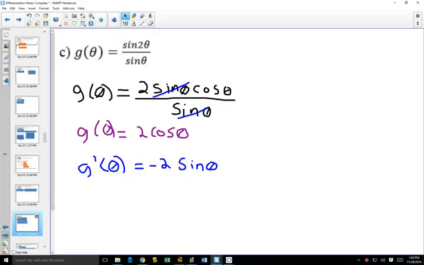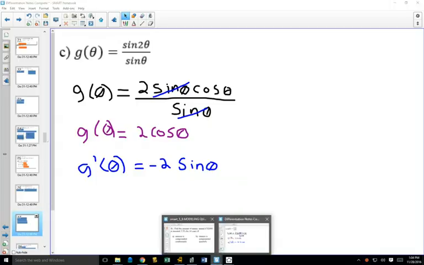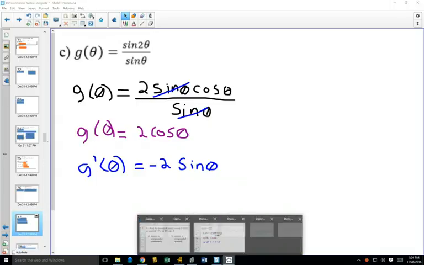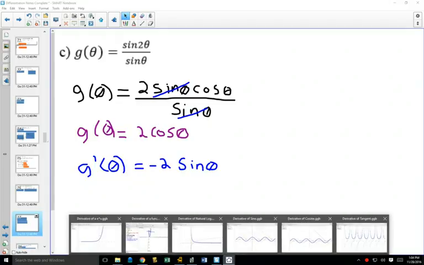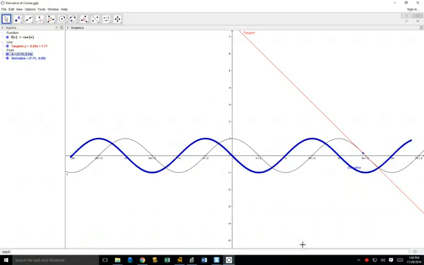Now, the way that I remember that the derivative of cos is negative, which is my cos one here, is if I think about starting right here at the starting point, and I think about my slopes.